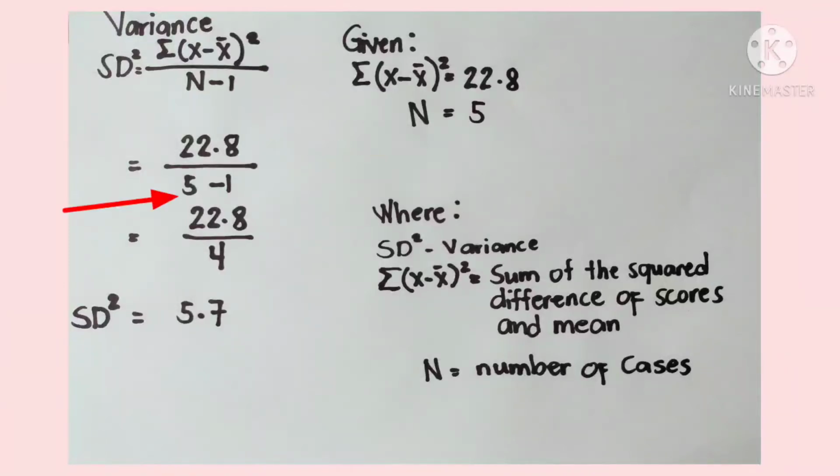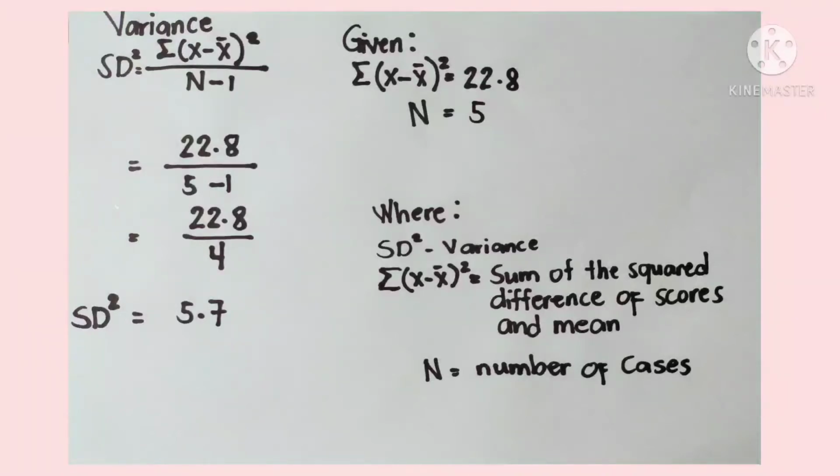So let's subtract 5 minus 1, which is 4. So 22.8 divided by 4 is equal to 5.7. So our variance is 5.7.